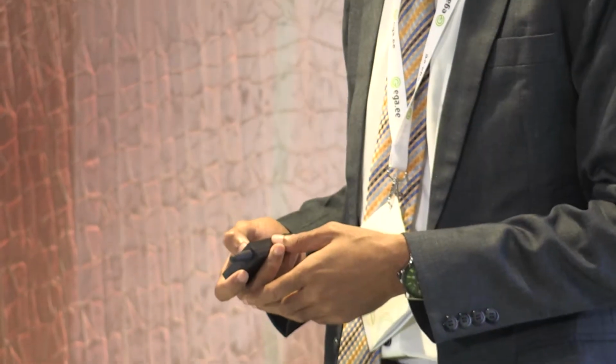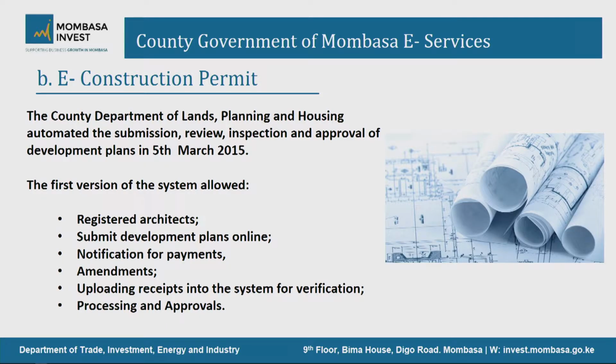This is a system that has been spearheaded and implemented by the Department of Lands, and it went live in March 2015. It allows registered architects to submit their plans online, with notification for payments, amendments, and uploading into the system for verification and processing of approvals.